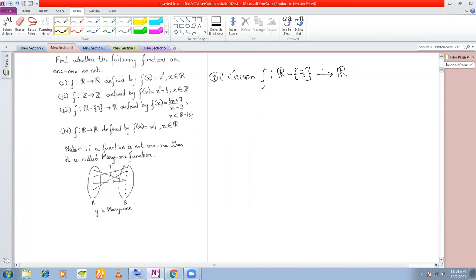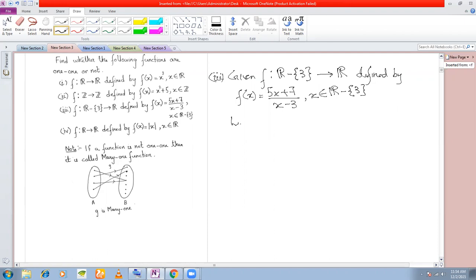And the set B is all the real numbers, defined by f(x) is equal to (5x plus 7) divided by (x minus 3), where x belongs to the set A, which is R minus {3}.